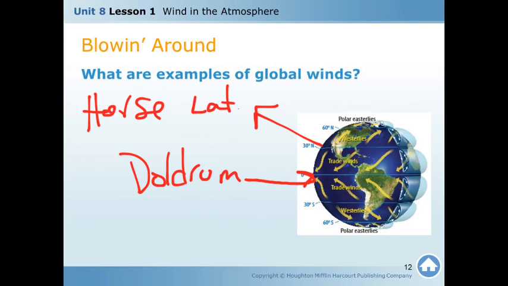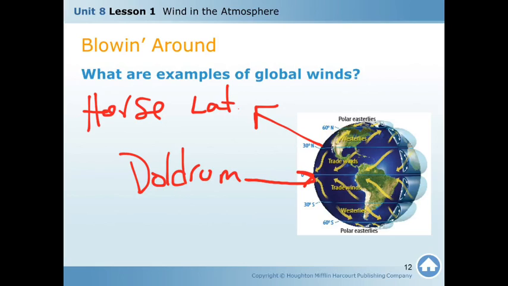Another thing I want you to go ahead and label on your picture of the globe right there, the equator line, that is right between the two trade winds, we're going to call that the doldrum. And I'll explain in another slide or two what that is, but go ahead and just label it on your picture for now. That line at the equator right between the trade winds, we're going to call that a doldrum.